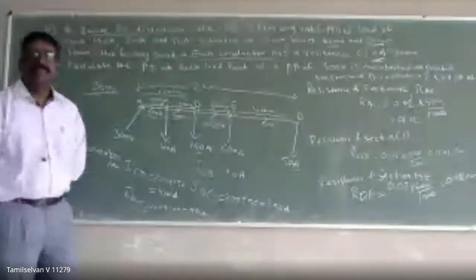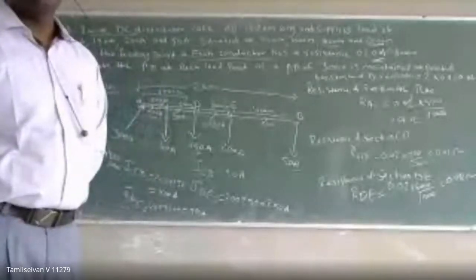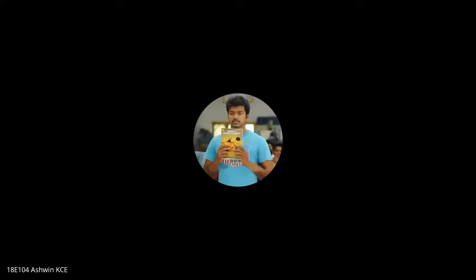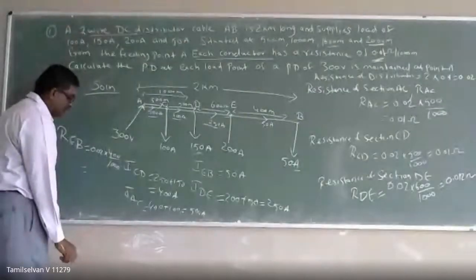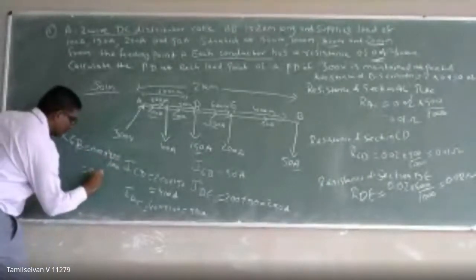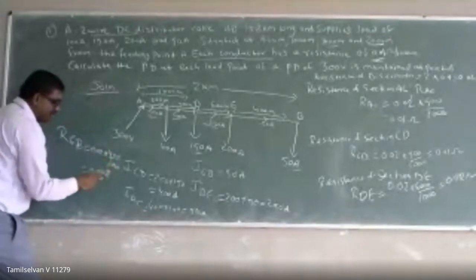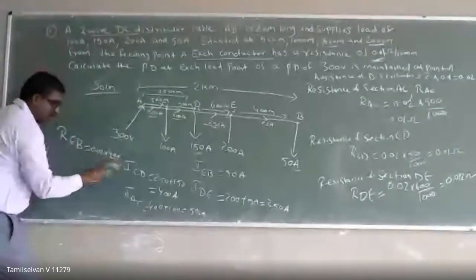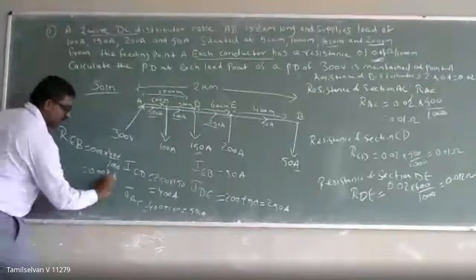How much will you get? 0.4. Check it. 4 into 2 is 8, divided by 1000, it gets cancelled, so you will get 0.008 ohm.